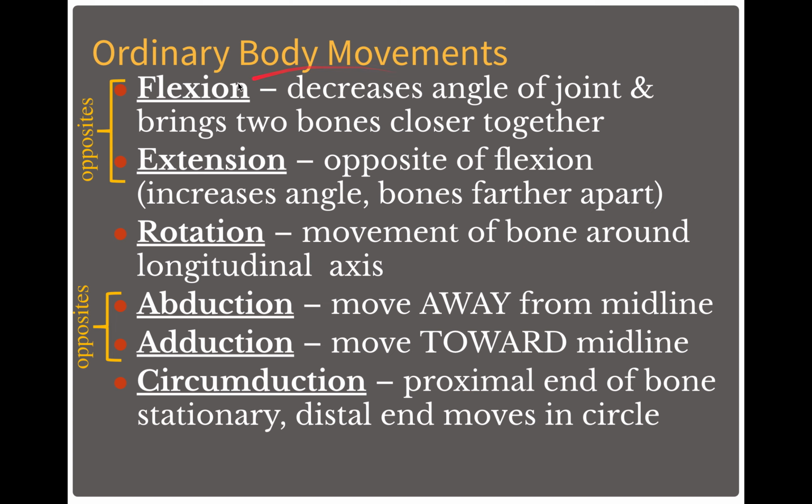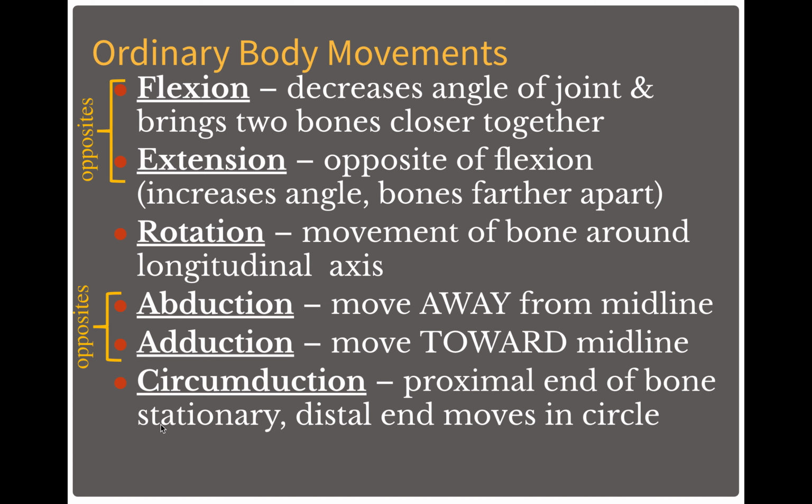Body movement terms can often be paired, and they're paired in a way to explain opposite ranges of motion. So we have flexion, extension, then we have rotation, abduction, adduction, and circumduction. Rotation and circumduction sound the same, but they're actually different in the way that they work on the body and the overall motion that they end up producing. Though sometimes people mix up the terms.